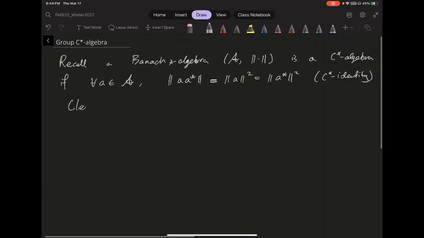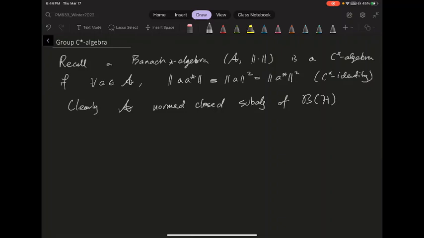So clearly, if you have A, which is a norm-closed subalgebra of some bounded linear operators on some Hilbert space, where H is a Hilbert space, then this A is indeed a C-star algebra. That is just basic operator theory on Hilbert space.